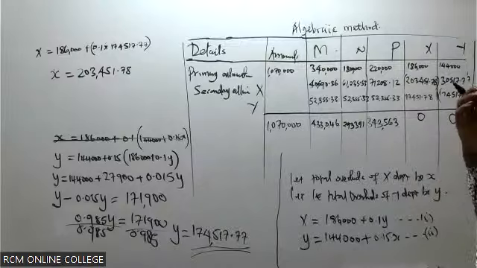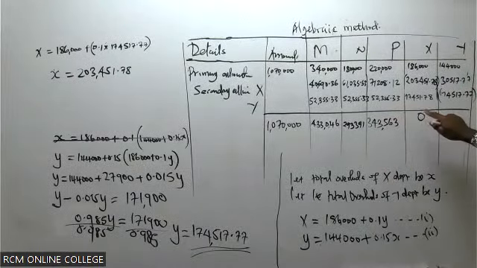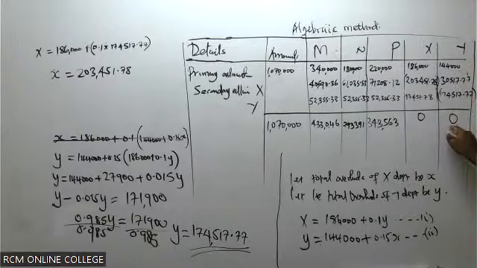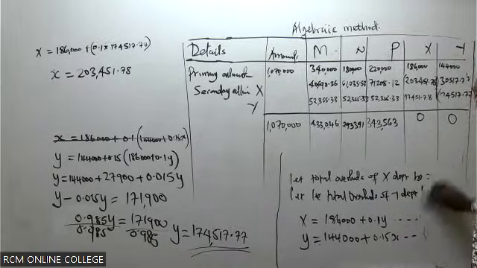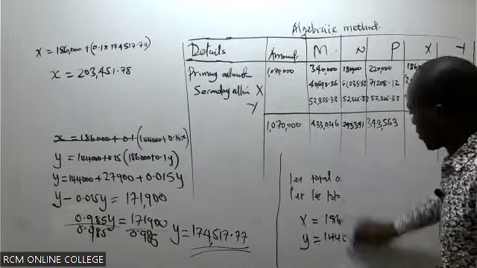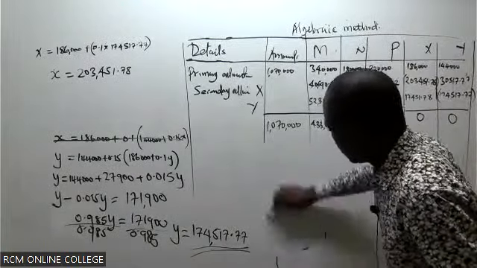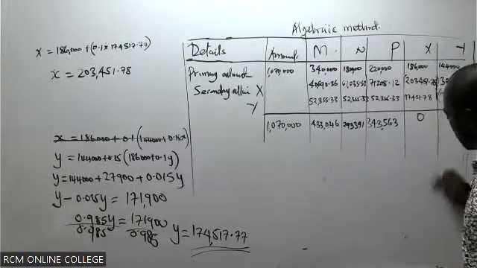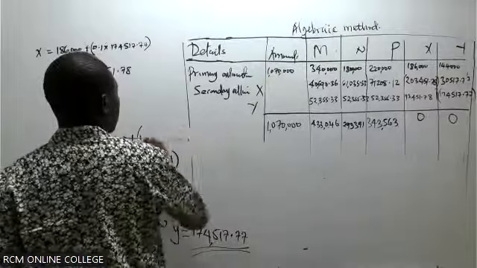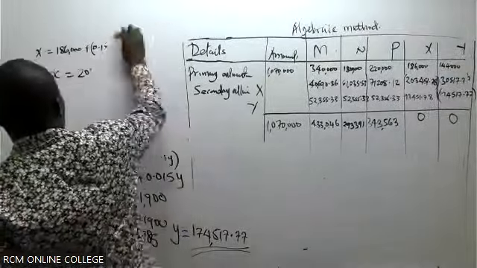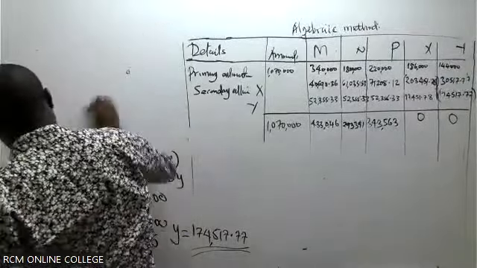Kuna kitu kama hiyo. For benefit of doubt, try to add these ones here and confirm if you are getting these results that I've indicated here. Try to add them and see if you'll be able to arrive at the same figure as mine.